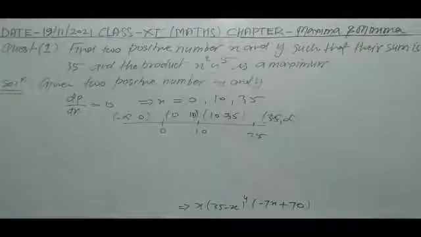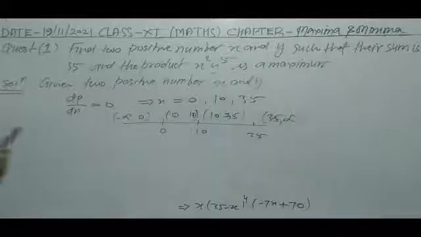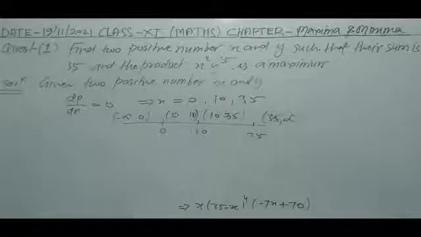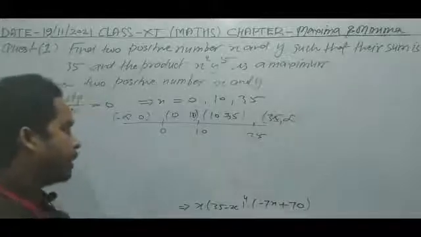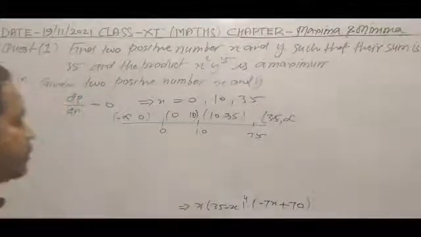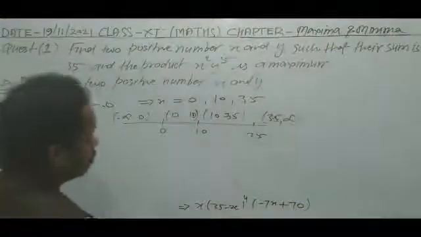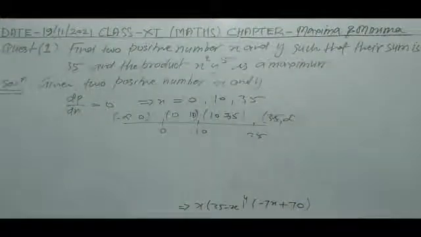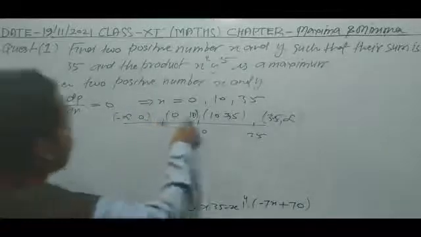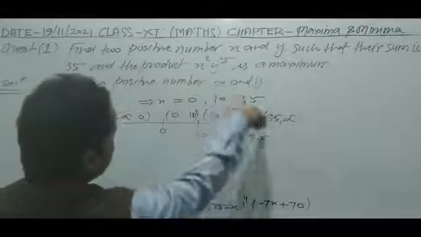So in 0 to 10 the result is positive. But in 10 to 35, suppose we take 25. Then 25 times 7 is 175, which is negative, and the other factors are positive. So the result is negative. Negative means the slope is decreasing, and positive means the slope is increasing.